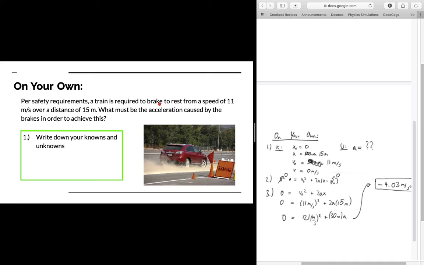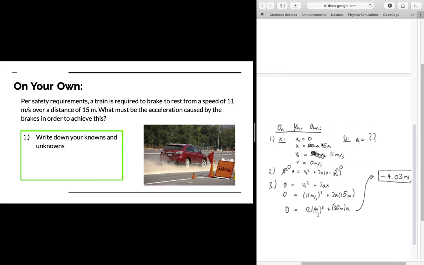So our initial velocity is 11 meters per second, and our final velocity is going to be 0 meters per second because we're braking to rest. So v equals 0 meters per second, that's our final velocity. And then lastly, it asks for our acceleration, so a is our unknown.